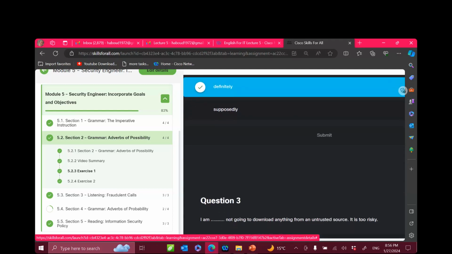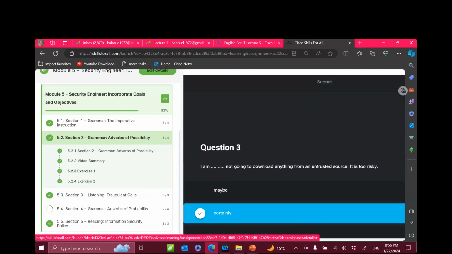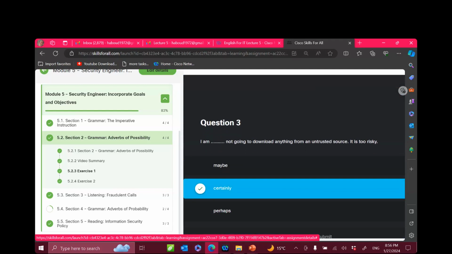I am not going to download anything from an untrusted source. It's too risky. So maybe or certainly. طبعا هنا ما ينفعش لا أقول maybe ولا perhaps، دي ربما، لكن certainly بالتأكيد. I am certainly not going to download anything from an untrusted source. It's too risky. خطر جدا.